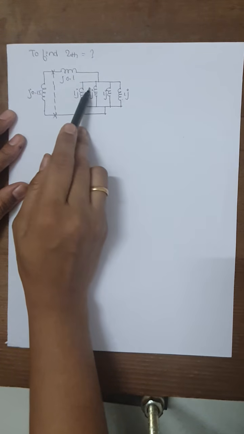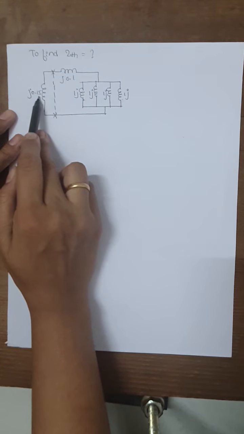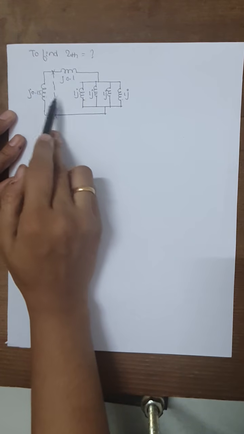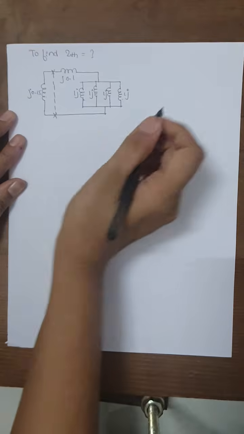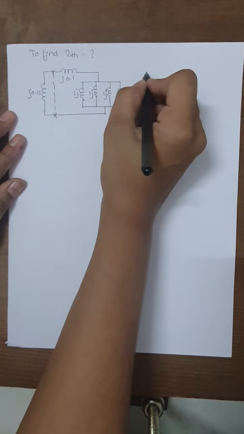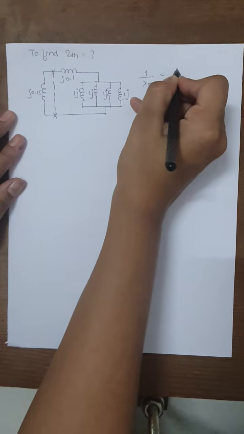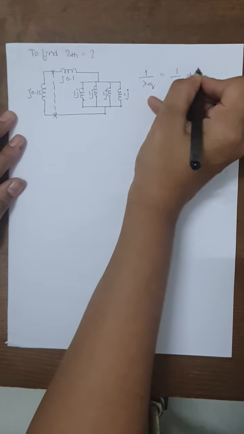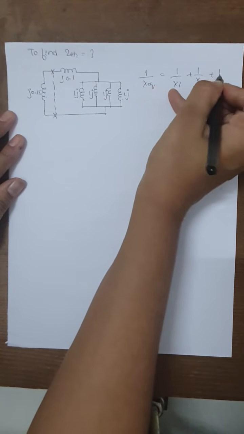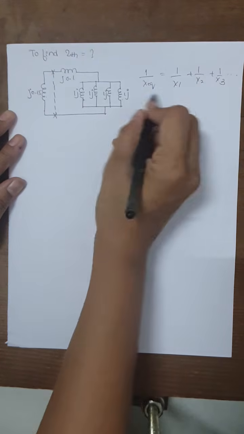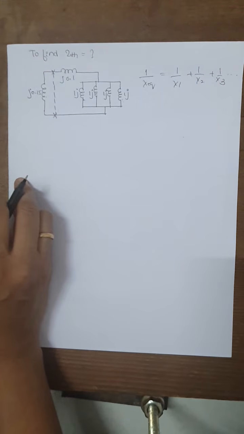Then the sum of these two will be in parallel with the reactance of J0.15. So the same thing I am going to write here. Remember, we are using the formula of equivalent reactance, that is 1 by x equivalent will be equal to 1 divided by x1 plus 1 divided by x2 plus 1 divided by x3 and so on. This is how we are going to calculate the equivalent reactance.